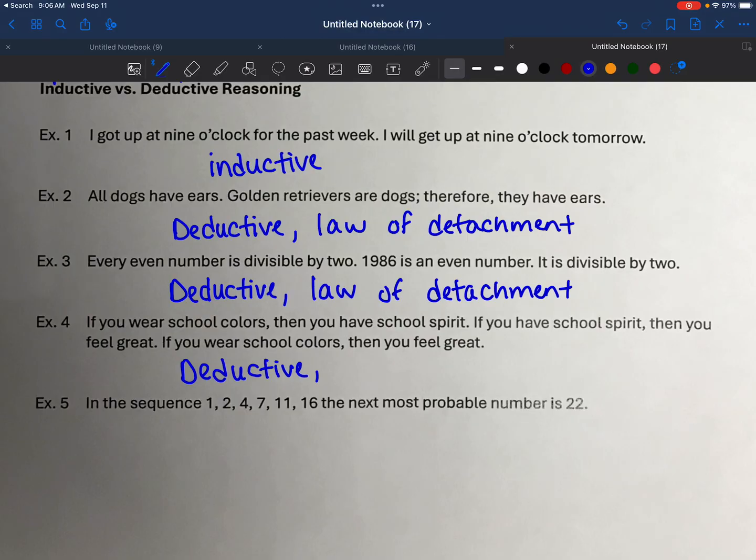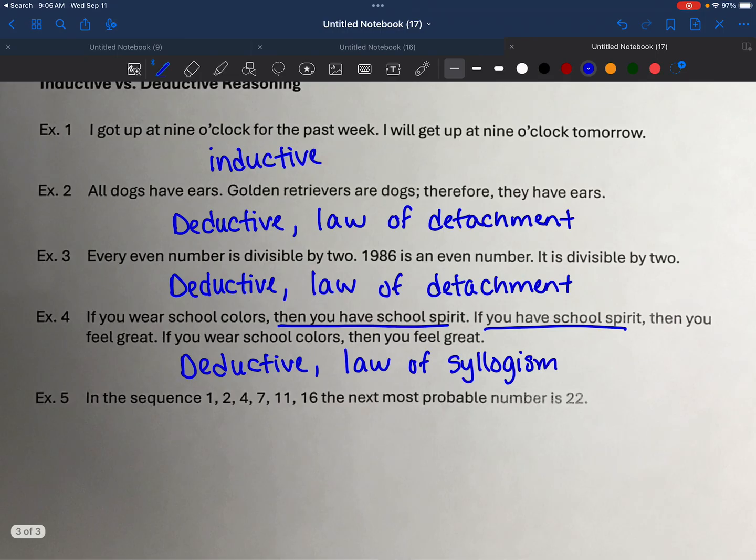Even though technically I wouldn't call this fact, but it does have that part where it says, then you have school spirit. If you have school spirit, then you feel great. Well, then what they do for our final conclusion, they cut that part out. So this would be syllogism. Okay.